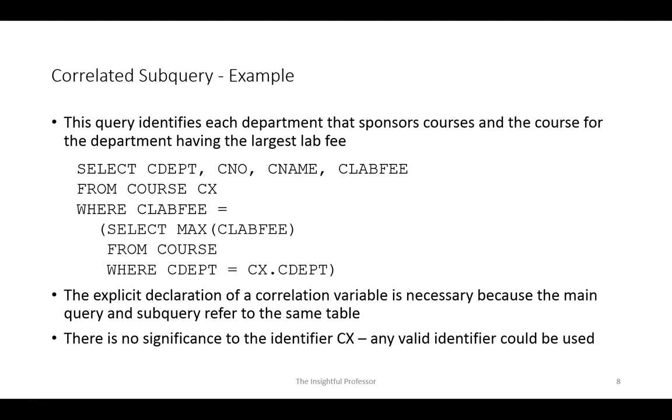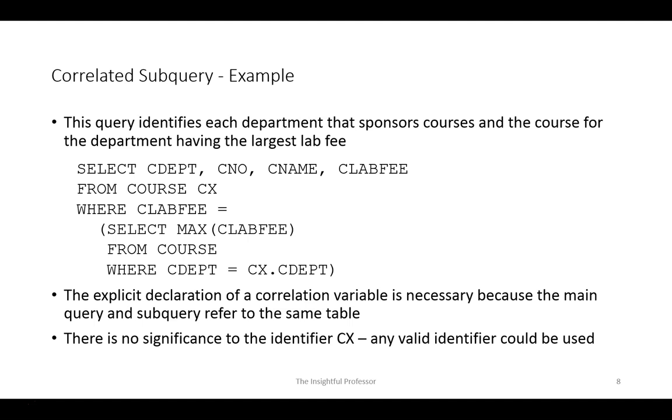So in effect, for each row in the course table in the main query, the system must examine the cdepartment value of that row, execute the subquery to determine the maximum lab fee value for the department for that row, and finally compare the lab fee value from the row under consideration in the main query to see if it is equal to the value returned by the subquery.